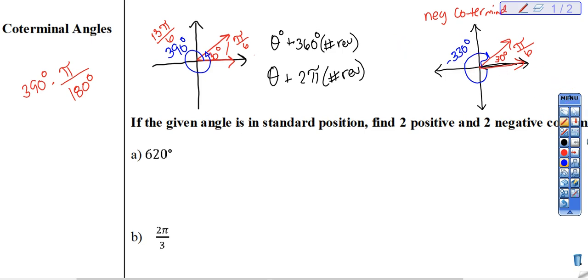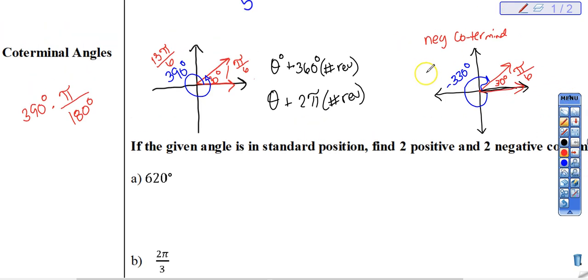All right. What about if I were writing it in radians? Two pi, right? Pi over 6 is equivalent to 12 pi over 6. Am I right or wrong?